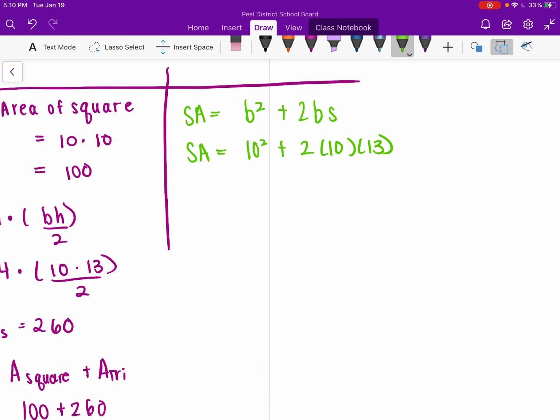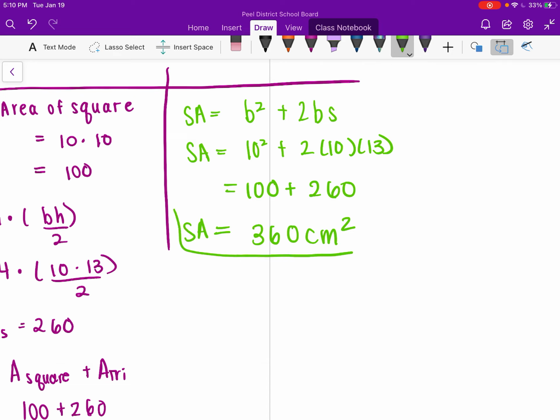Right, so let's do that. 10 squared equals 100. 10 times 13 is 130. Times 2 equals 260. Right, equals 360 centimeters squared. You got the same thing, right? Just depends on which way you want to find it.